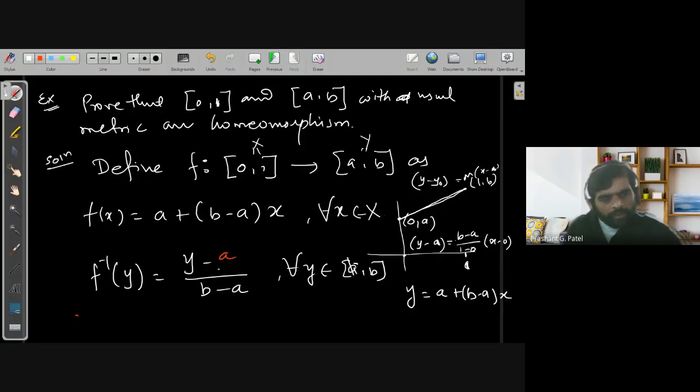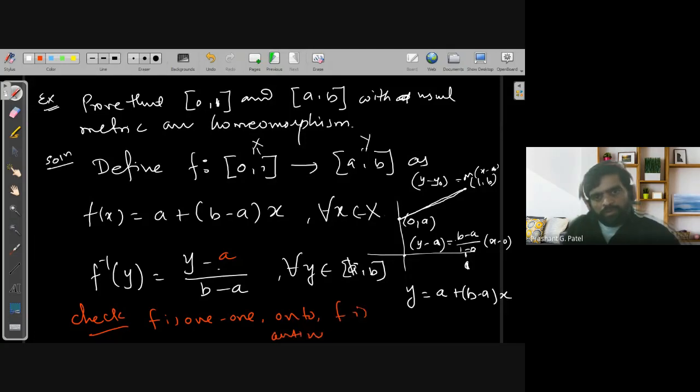So you have to check this thing, that f is 1-1, onto, f is continuous, and f inverse is continuous. Once you do that, you have a map, or you can say that the closed interval [0, 1] is homeomorphic to the closed interval [a, b].